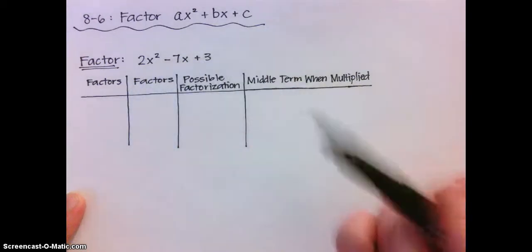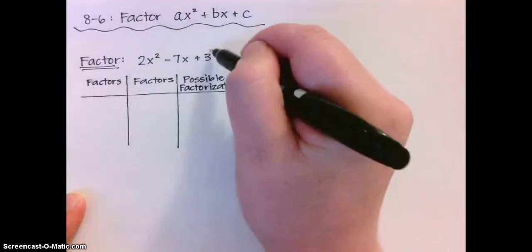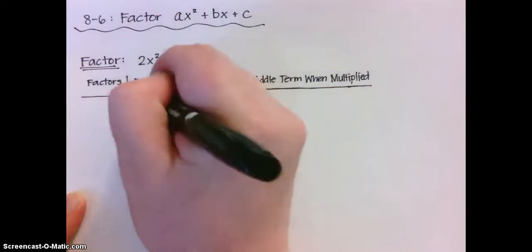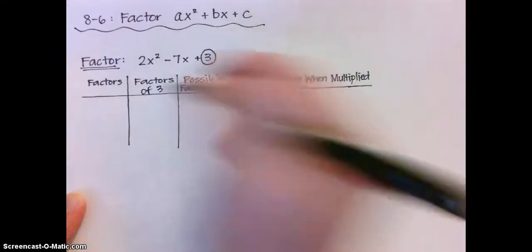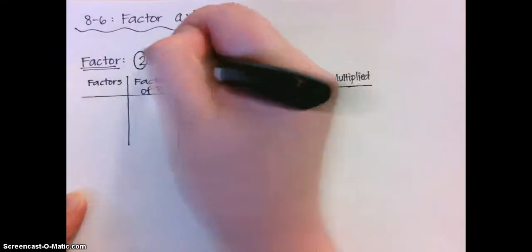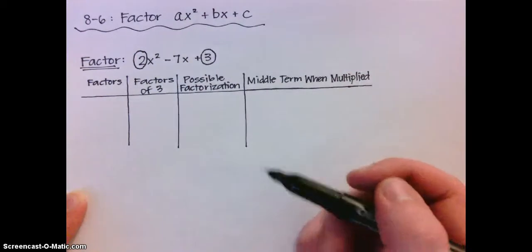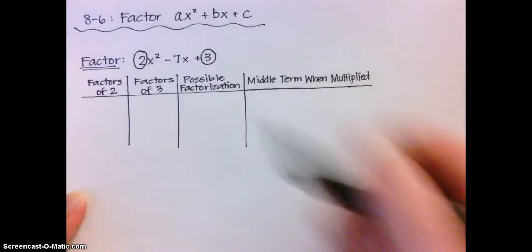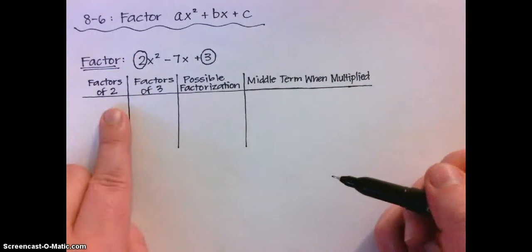The thing that you need to worry about is, just like last time, what the c is. We need to find the factors of that, but we also need to find the factors of the first coefficient, that leading coefficient, which is 2. So I'm going to put that in my chart now. I'm going to try to find the factors of 2.